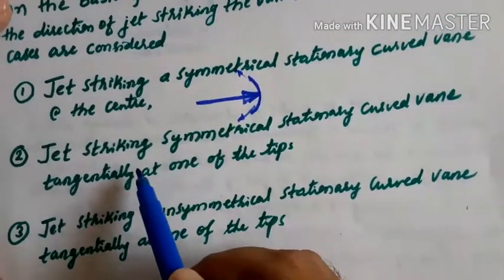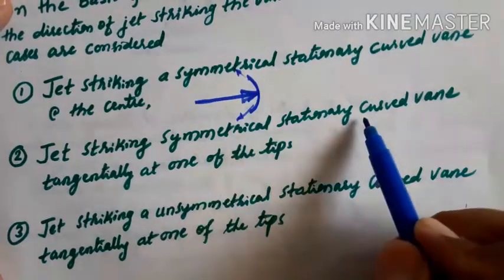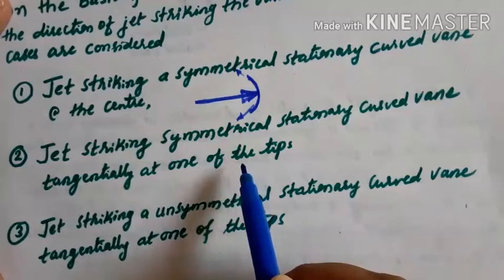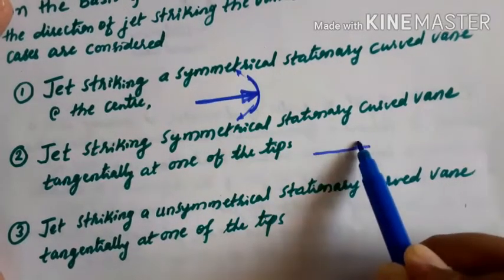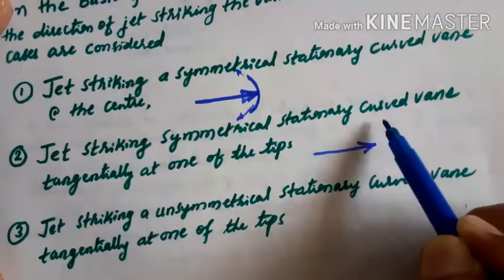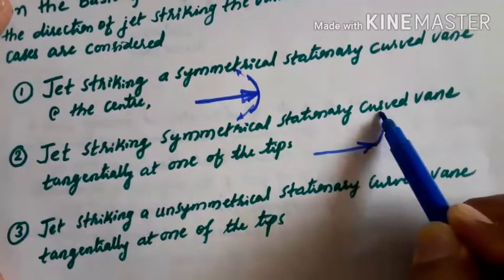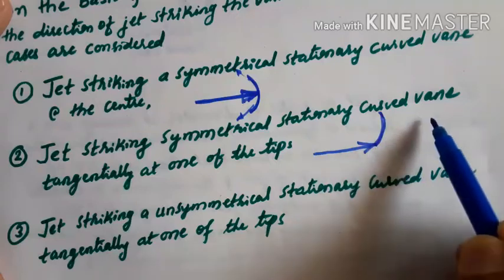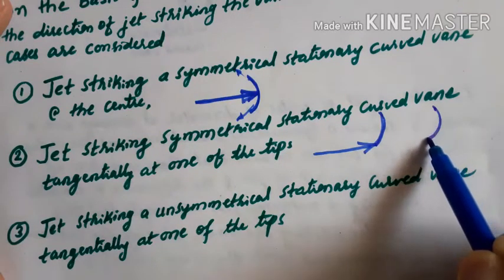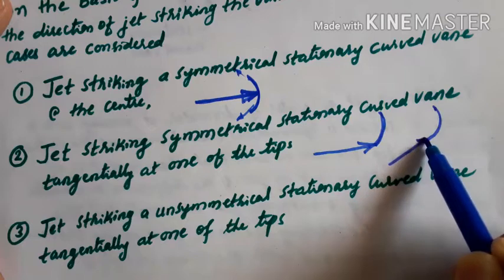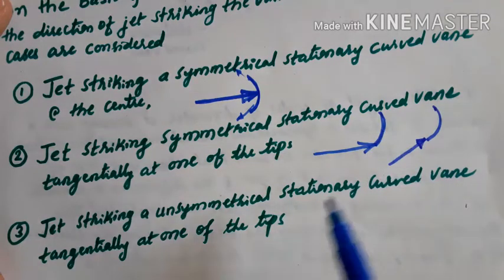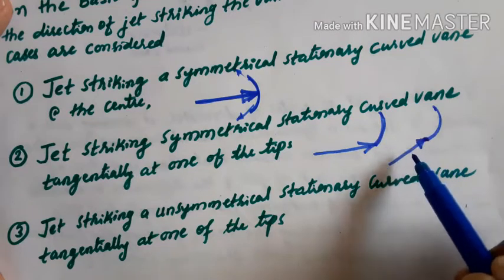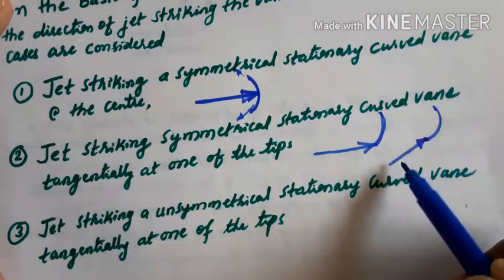Second case, jet striking a symmetrical stationary curved vane tangentially at one of the tips. That means the jet is moving in this direction, and this is the curved vane, and it hits tangentially at one of the tips. Why is it called symmetrical?